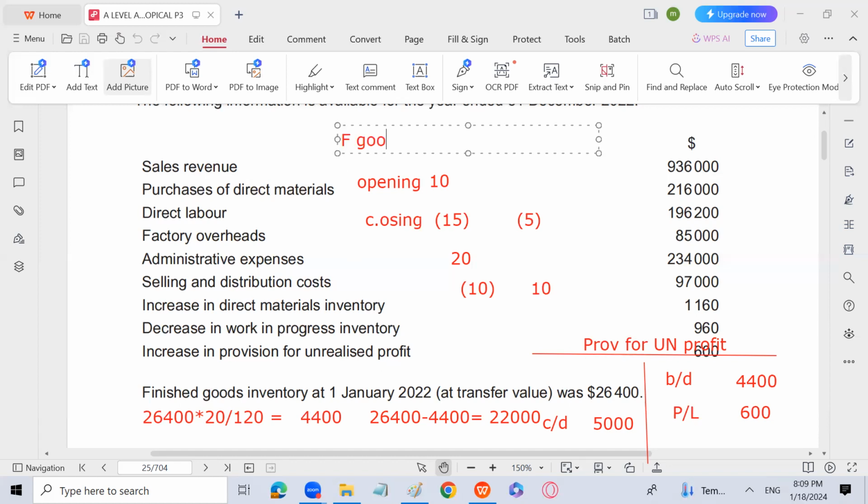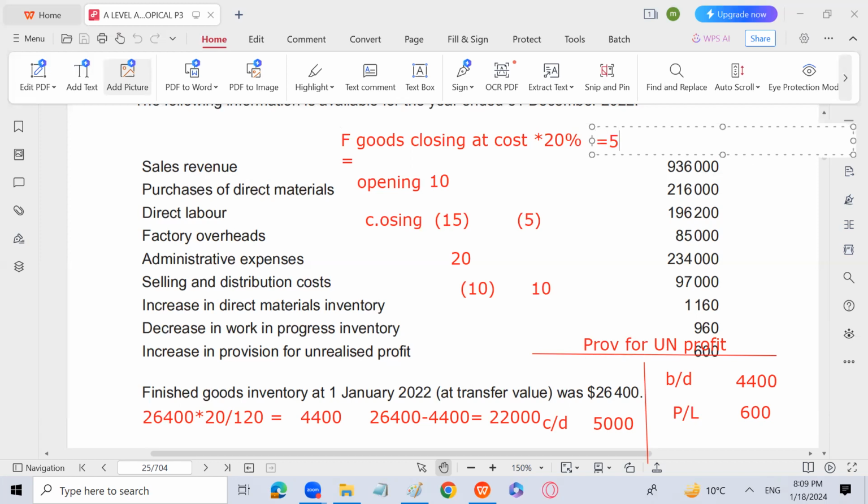So now we calculate, which is very, very simple. Finished goods closing at cost multiplied by 20% should be equal to how much? 5,000. Sir, how come?